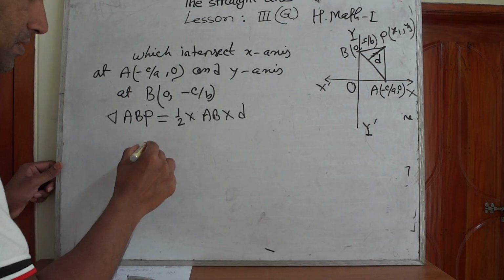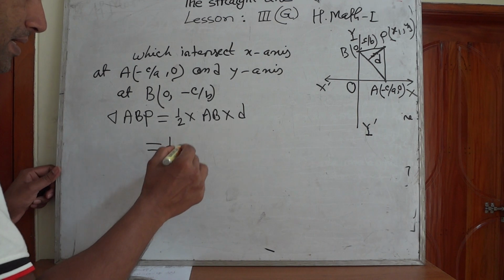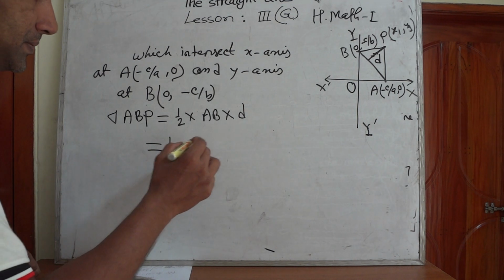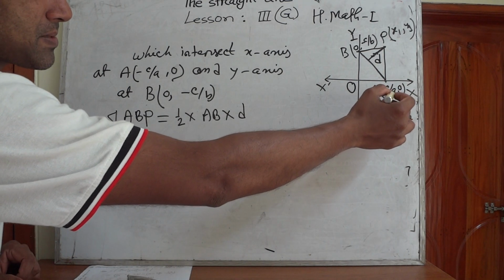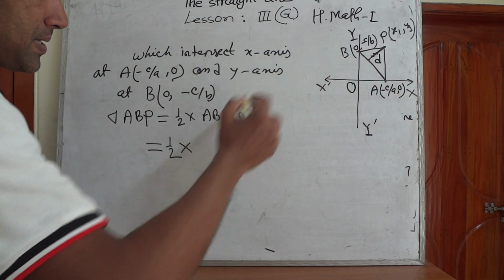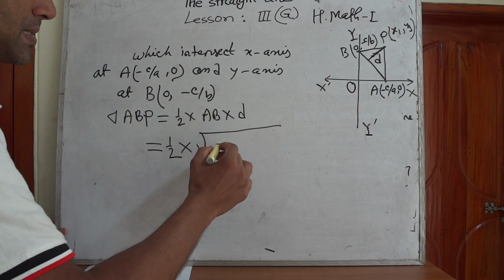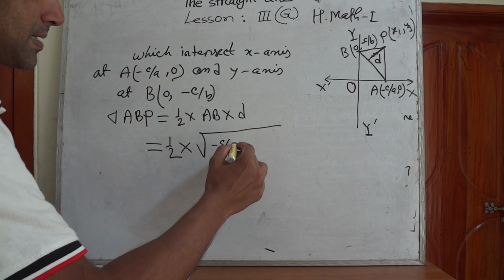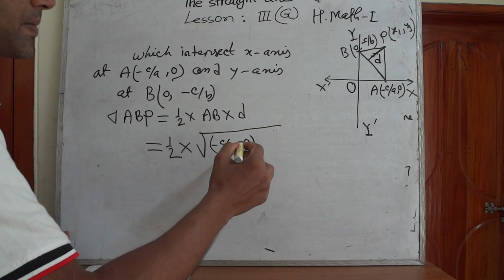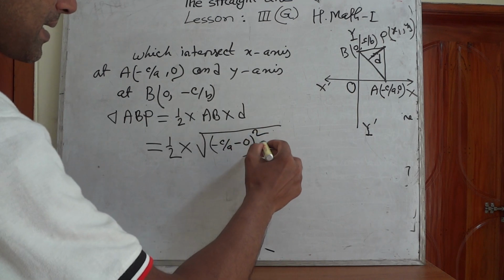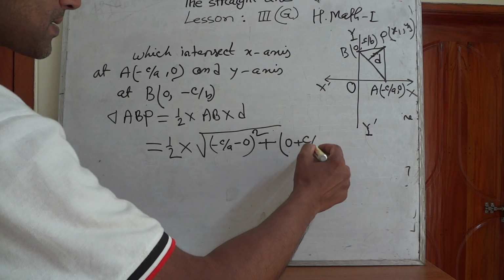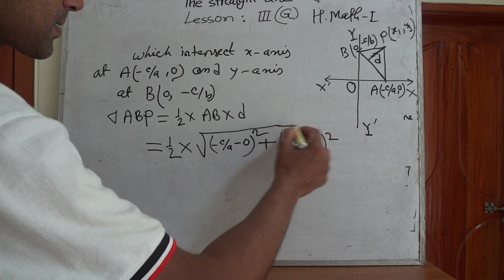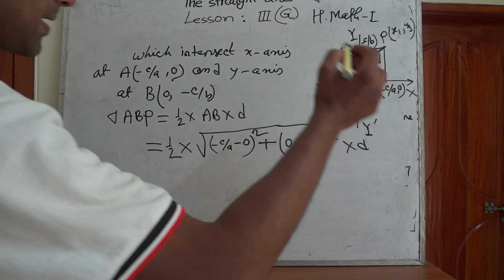This we can write as half into AB, meaning the distance between the points A and B. This is the square root of minus c by a minus 0 whole square plus 0 plus c by b whole square, into d.